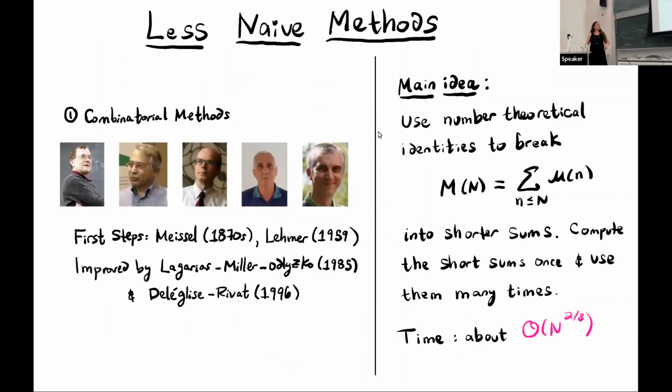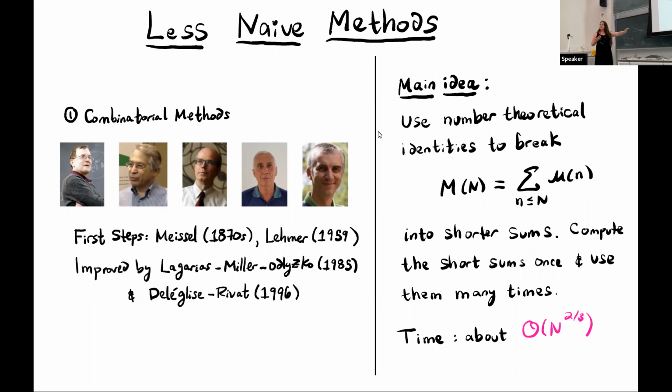All right. So now I want to give you a bit of history of this kind of problem. There are basically two approaches we look at, combinatorial approaches and analytic approaches. The combinatorial approaches, the first steps were taken by Meisel and Lehmer, and then later there was work by Lagarias, Miller, and Odlyzko, and then Deléglise and Rivat.